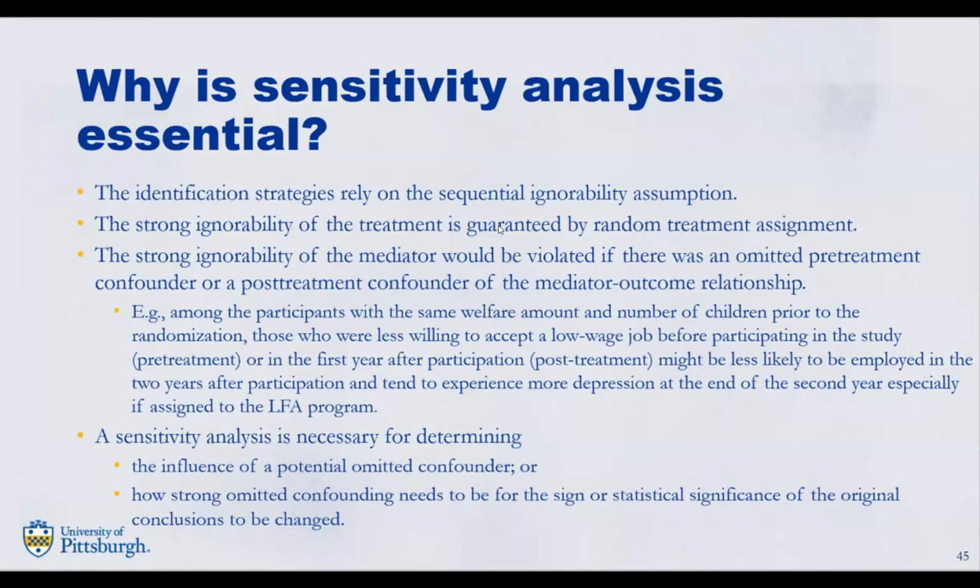That would be problematic, and the results would be sensitive to such unmeasured confounders, so people cannot ignore this. Therefore, it is very important to conduct a sensitivity analysis to assess the influence of unmeasured confounding.